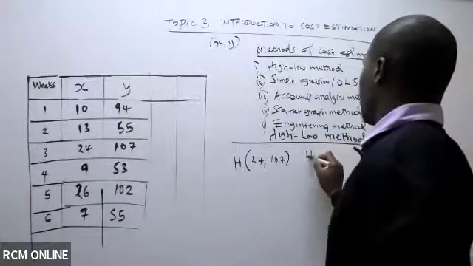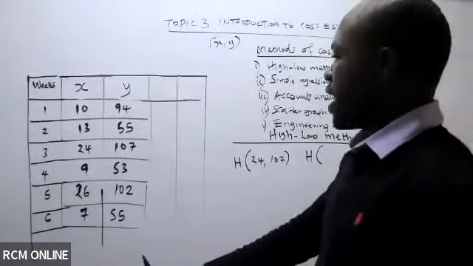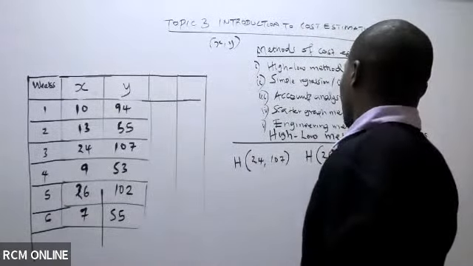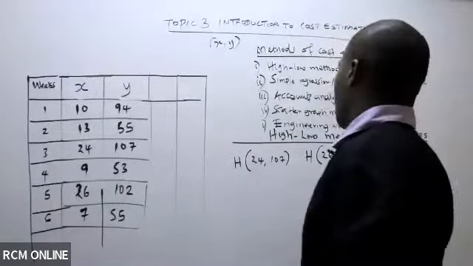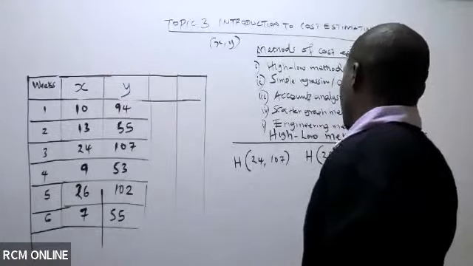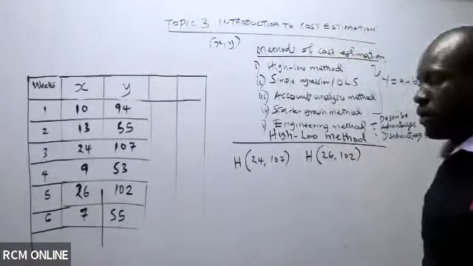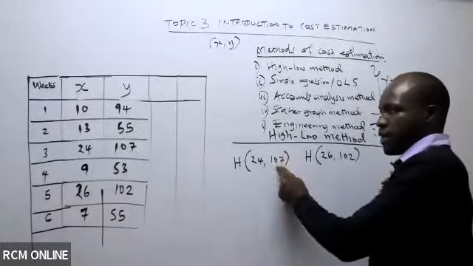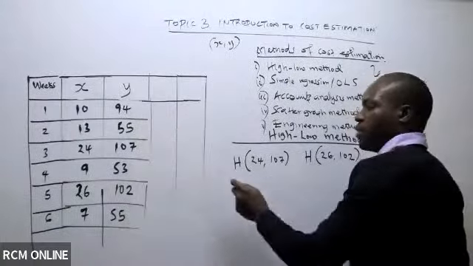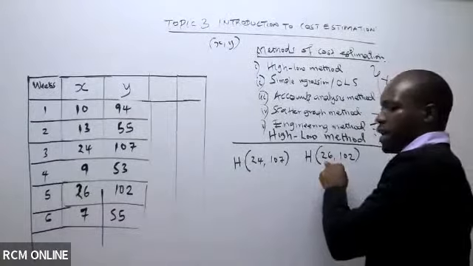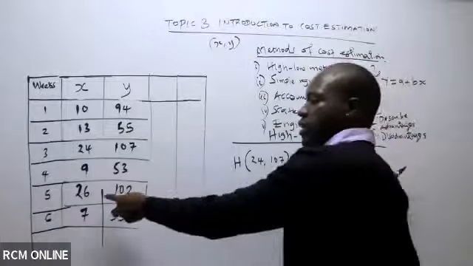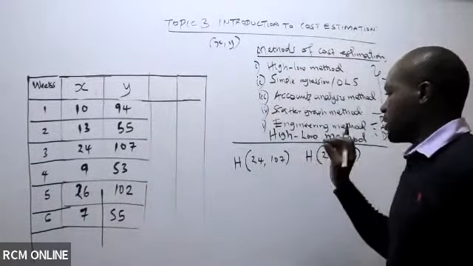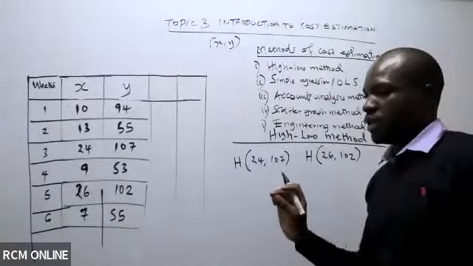The highest value should be 26, so we'll be talking about 26, 102. These two people are actually right, because this is the highest value, 107, and this is also the highest value, 26. They only need some adjustment to get the difference.